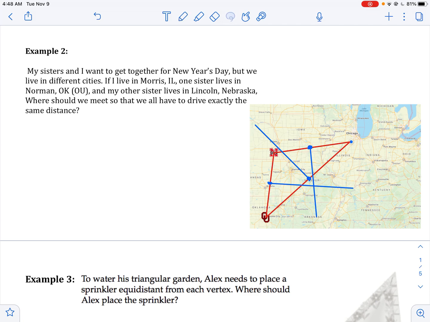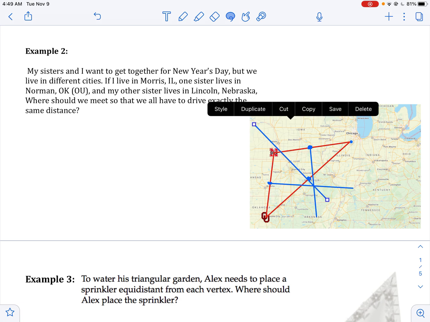And notice here that sometimes your circumcenter would be outside the triangle. That's okay. It does not always have to be inside the triangle, the circumcenter.